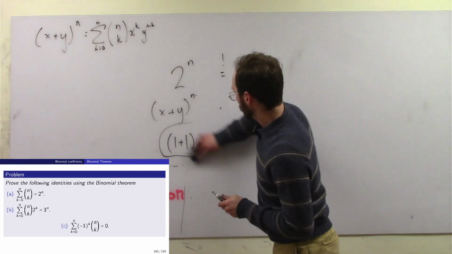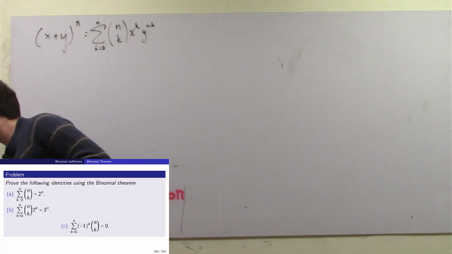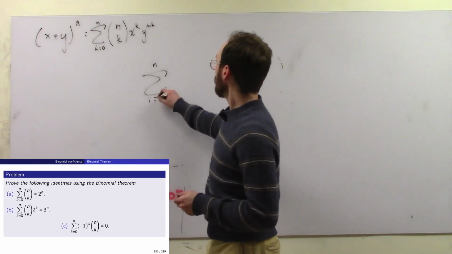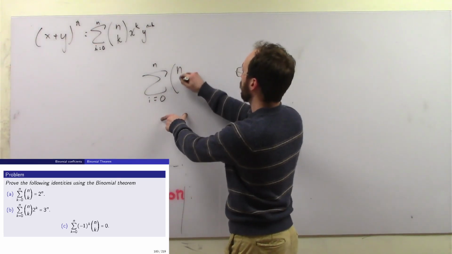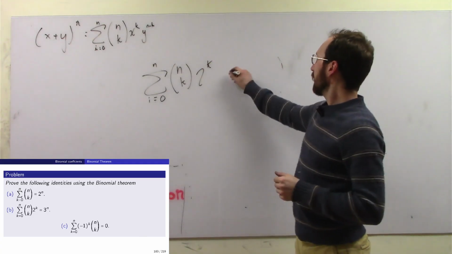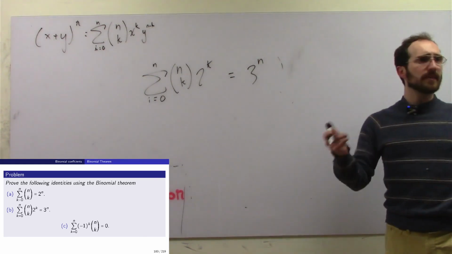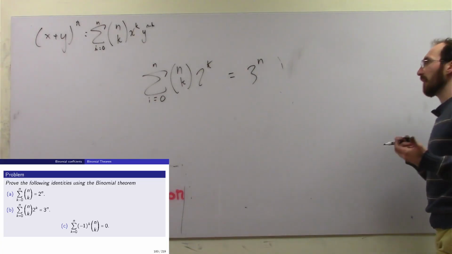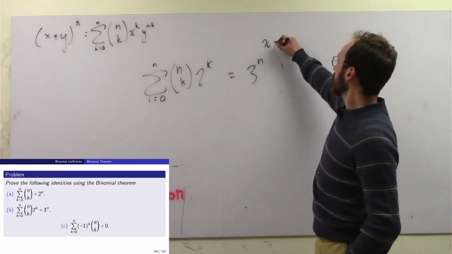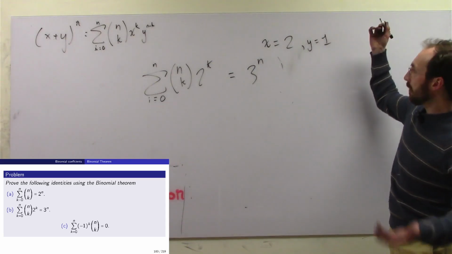So again, we're just trying to use this theorem to prove some other statements. Now we have this one where we take this sum of n choose k, 2 to the k, and we claim that's 3 to the n. This is effectively the same idea that we just used. We set x equal to 2 and y equal to 1.